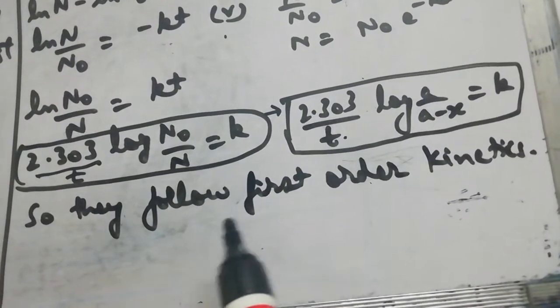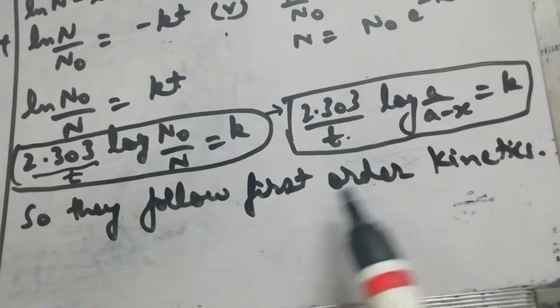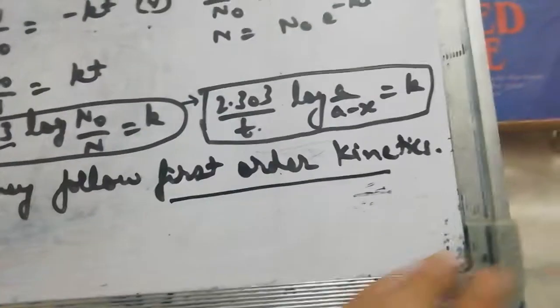So we can say that radioactive disintegration or radioactive decay follows first order kinetics.